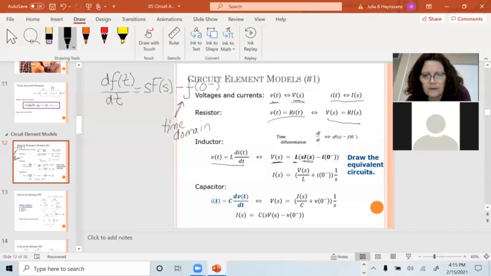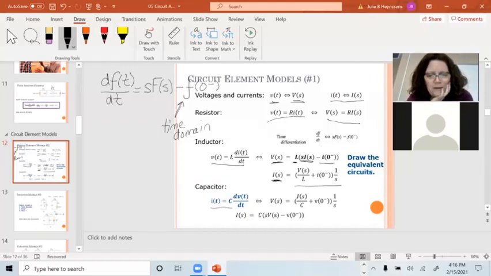I'm taking the derivative of I, so that becomes I of s, and subtract off I of 0 minus. And I can use a little bit of algebra, and I can flip that around and solve for an expression for the current in terms of V of s. Okay, we'll get to that when we start looking at circuits.